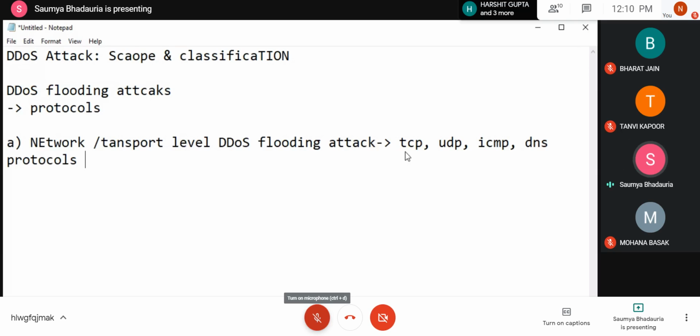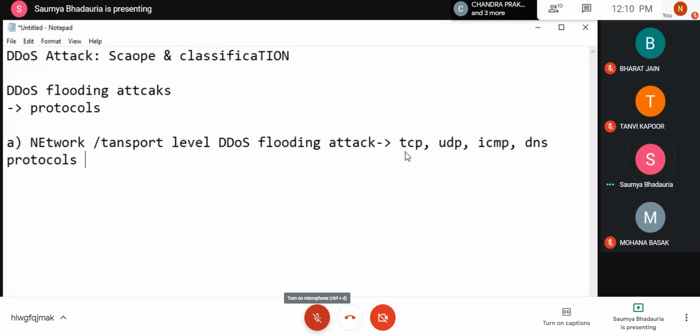Whatever traffic is flowing into the network and causing a DDoS attack would normally have TCP, UDP, ICMP, or DNS packets when you are categorizing it as a network or transport level DDoS flooding attack.